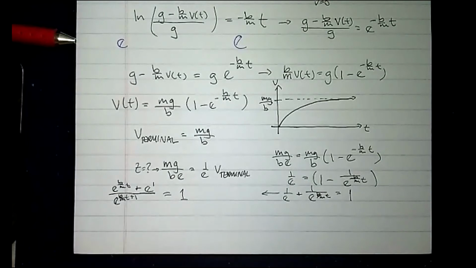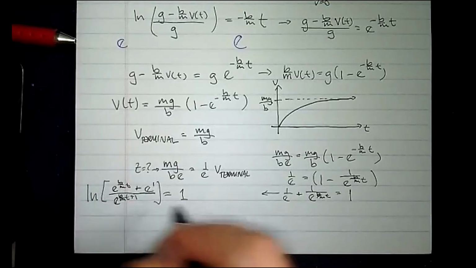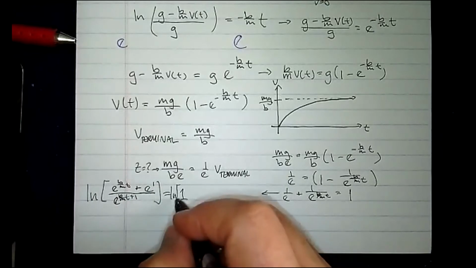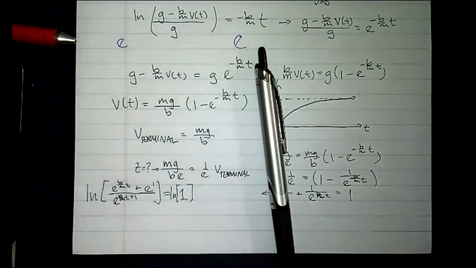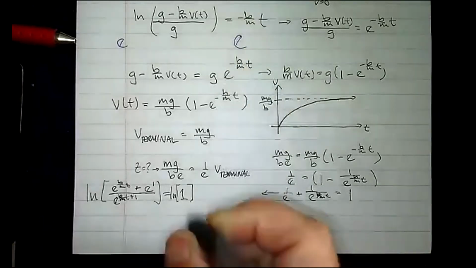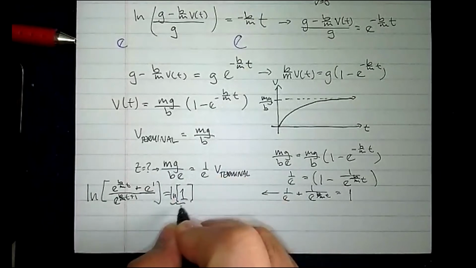So in principle, we can now get this by saying, let's take the log of both sides. And we know the log of 1 is 0, right? Double check that. We'll say the log of 1, and sure enough, it's 0, like I said. I just didn't want to think it out. I was lazy. So this quantity is equal to 0.